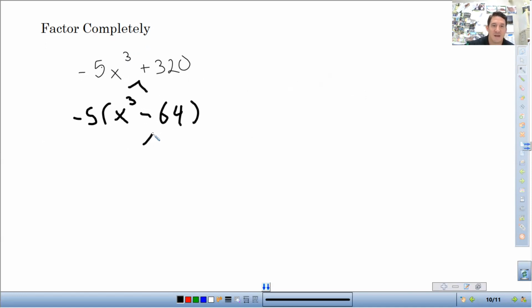Here, this is a difference of cubes. So remember, I'm going to identify my A as x, my B as 4. And then it's going to be a binomial and a trinomial.